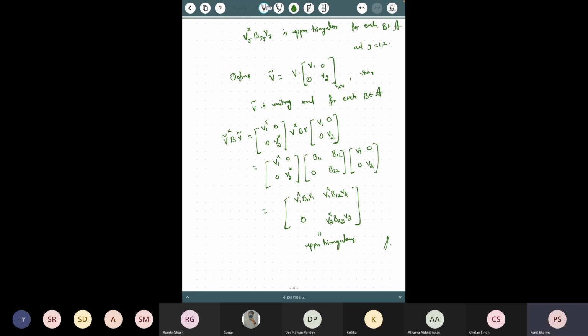Okay? So if we have a family of n cross n complex matrices which is commuting, then you can always find a single transformation matrix, a unitary matrix, that simultaneously upper triangularizes every matrix in this family.